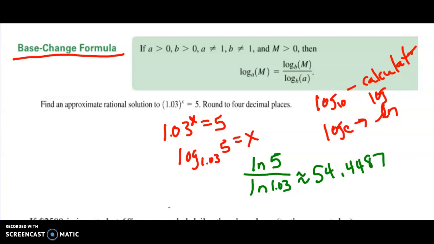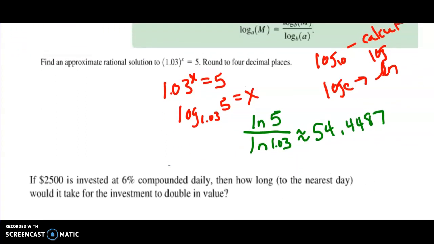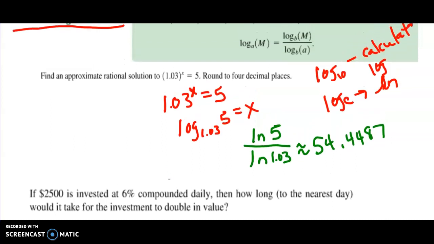Okay, so if I would like to check that and make sure it's close, what I'm saying is that if I have 1.03 and raise it to the 54.4487 power, I should get about 5. That's what I'm saying. We can always substitute our answer in for x.